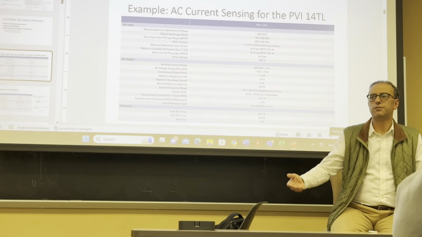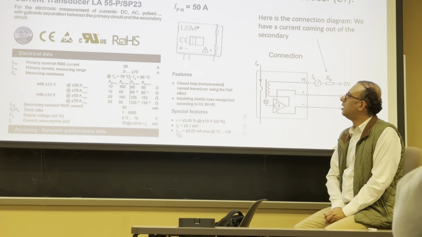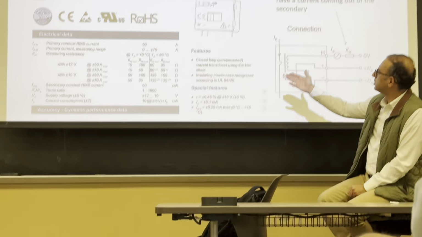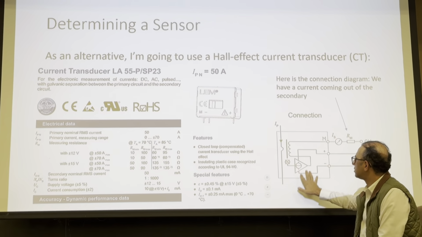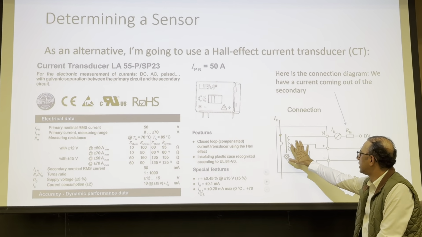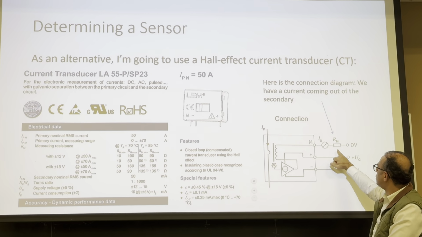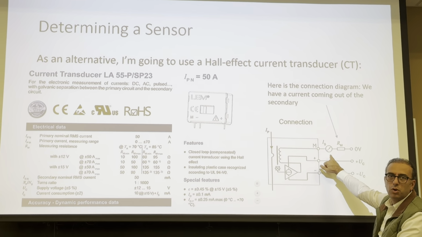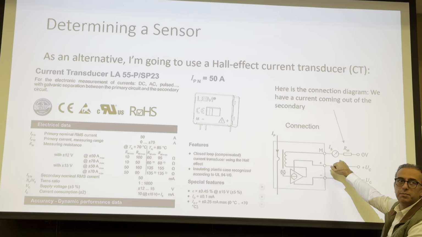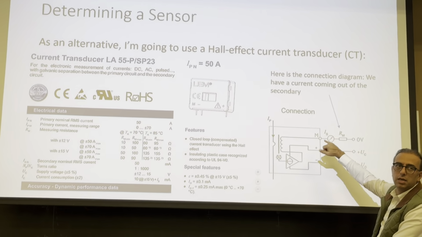So for instance, this one. As you can see, it has basically a magnetic detector circuitry, and the output is determined by an external component defined by the manufacturer. So you have to go through the data sheet to really see how you should operate this particular sensor.